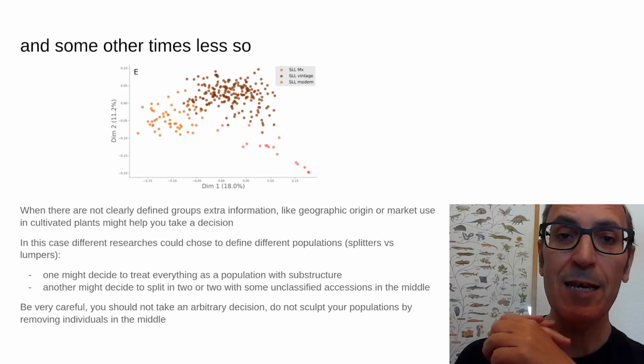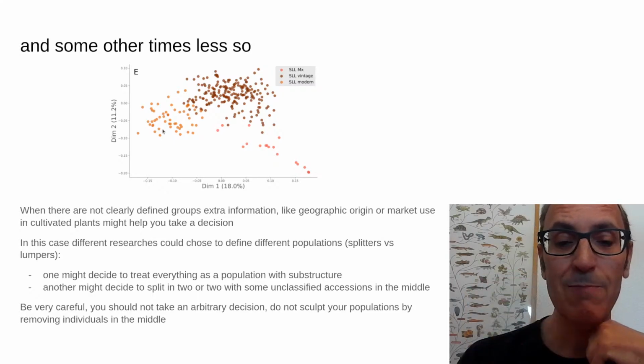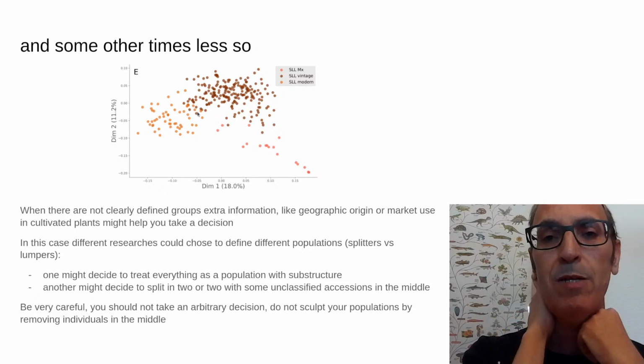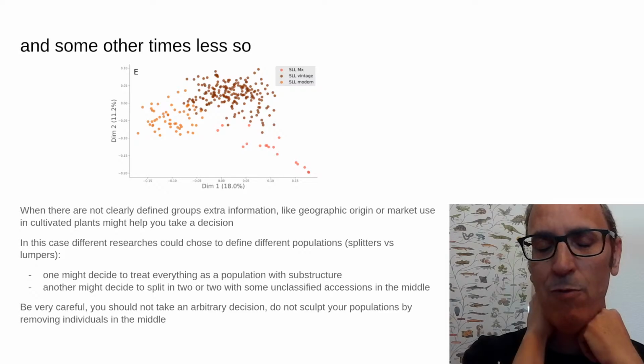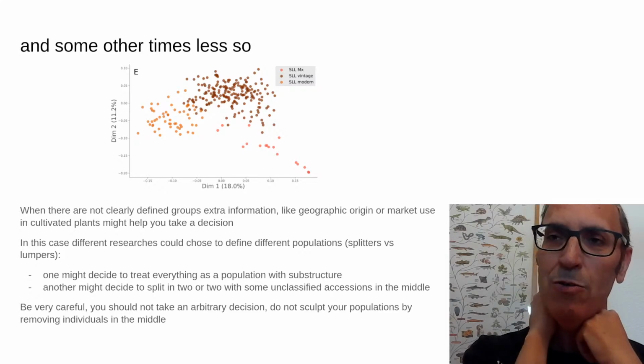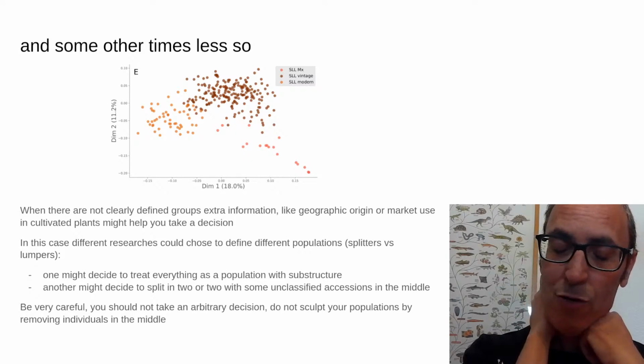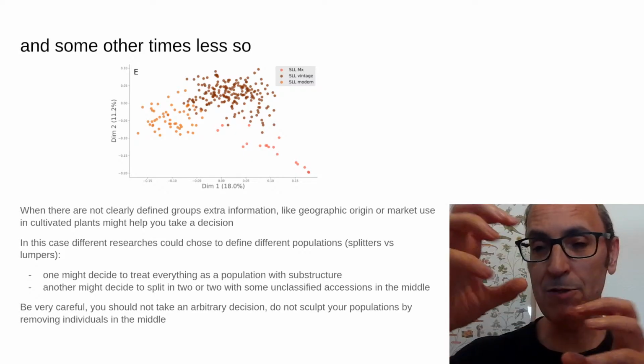In that case, you could say this individual does not belong to any population, but you have to keep it, because if you remove individuals, then you are doing something very, very, very wrong.